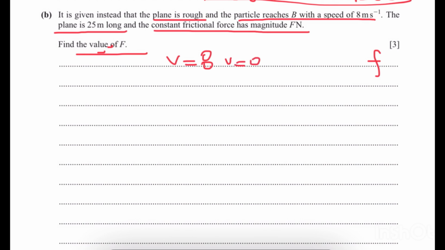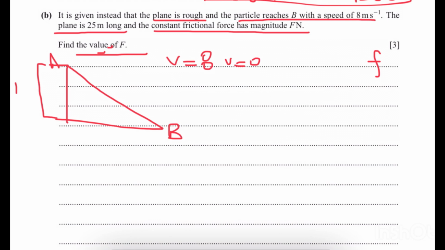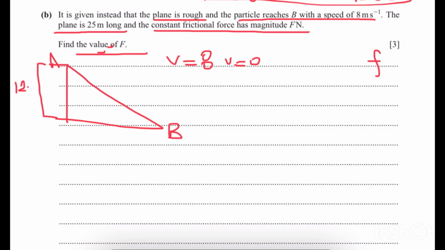Now they're saying that this was the hill, and this was A and this was B. So this side, which was the height of A above B, is 12.5. They've given us the length of the plane, which is this, so the hypotenuse is 25 meters.